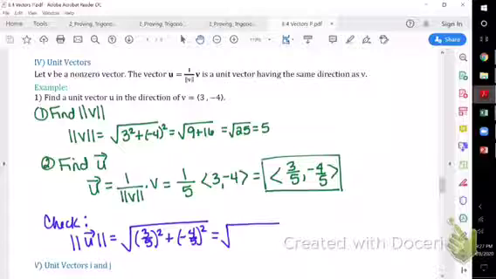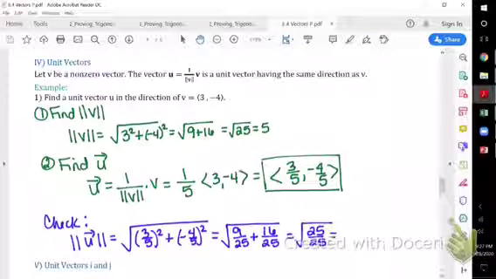So 3/5 squared is just 9 over 25. 4/5 squared is 16 over 25. When you add those together, you get 25 over 25, which we know is 1, and the square root of 1 is 1. Therefore, it checked, and we have found our unit vector.